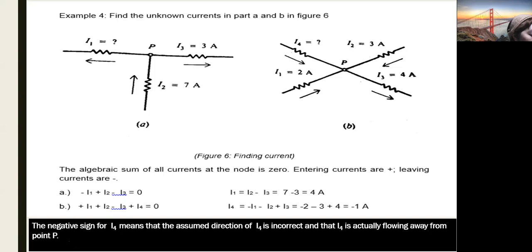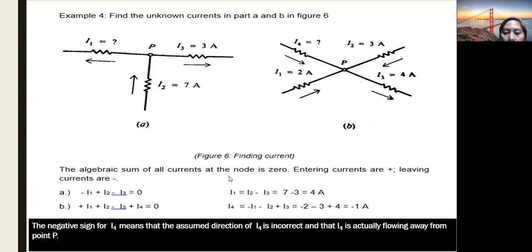I want to ask now, J Marvin, why is I1 negative here, also I3, and why is I2 positive, whereas I3 is negative?